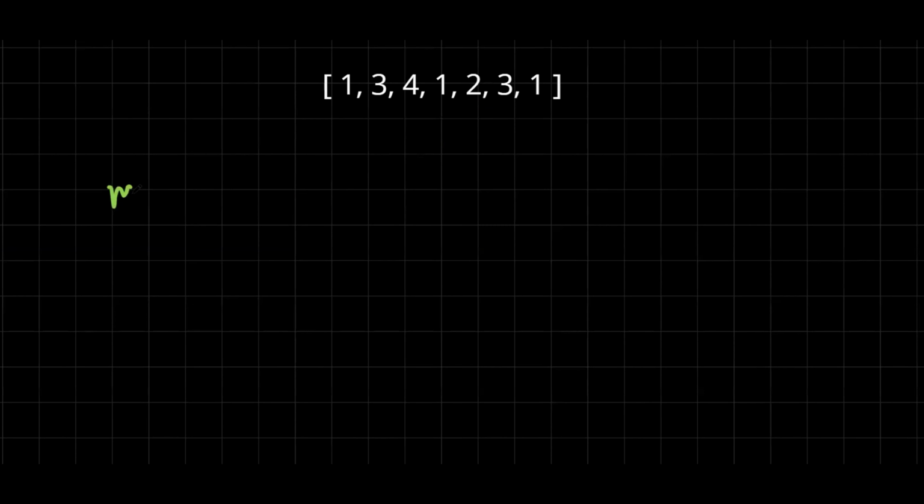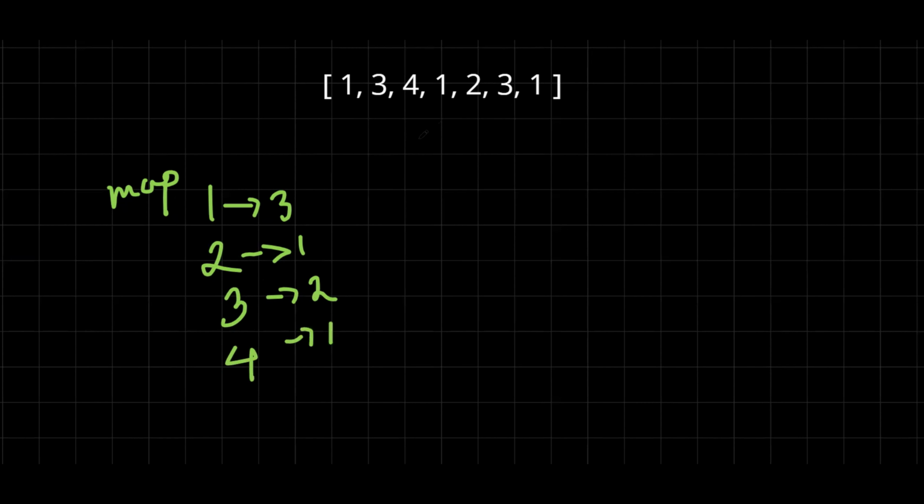In our current map, the frequency of 1 is 3, which is this, this, and this. The frequency of 2 is 1. The frequency of 3 is 2, which is this and this. And the frequency of 4 is 1.